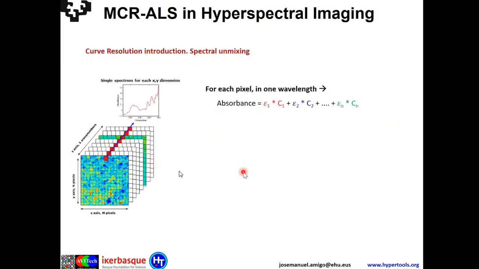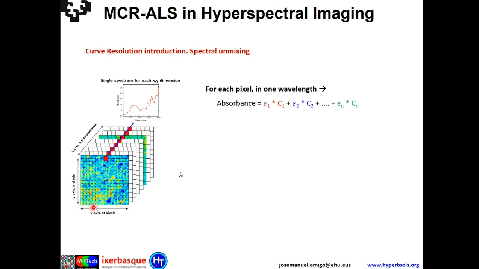So actually, in process monitoring, as I said, MCR has been used quite a lot of time, and here I want to show you how to use MCR in hyperspectral imaging, because the bilinear law that we have used before can be used also in hyperspectral images, and hyperspectral images are just an image.